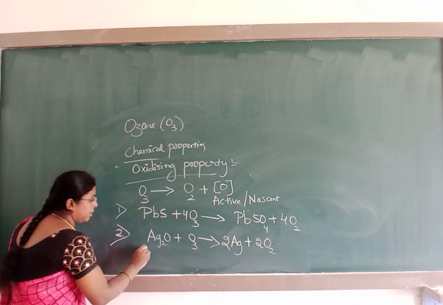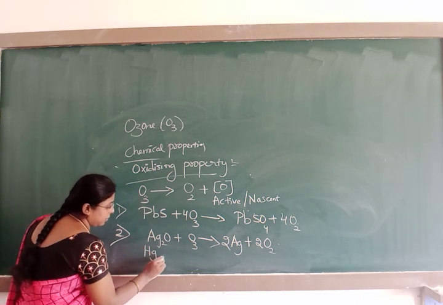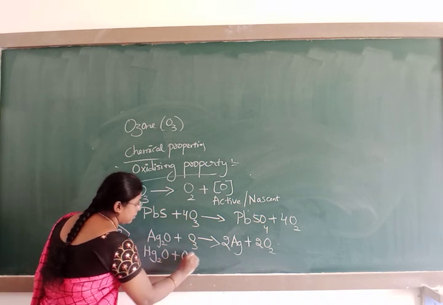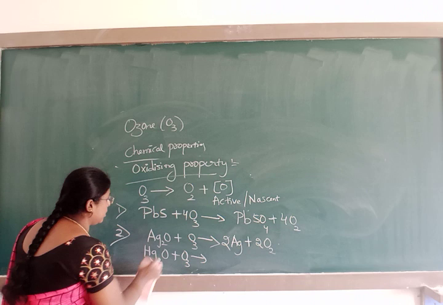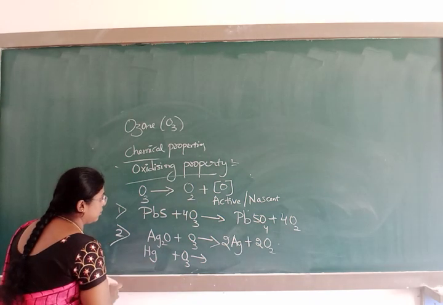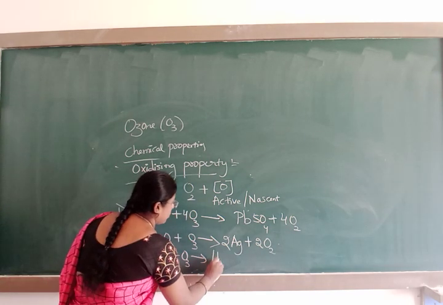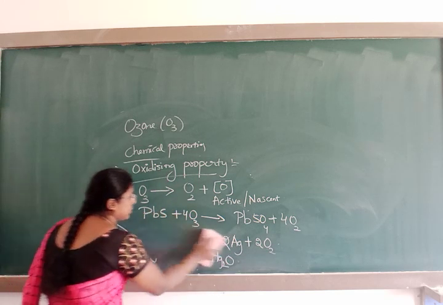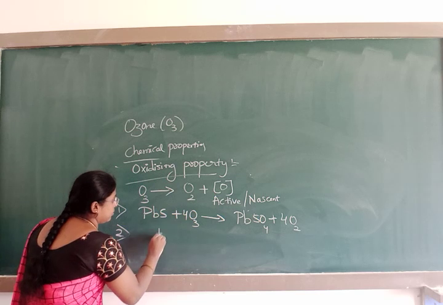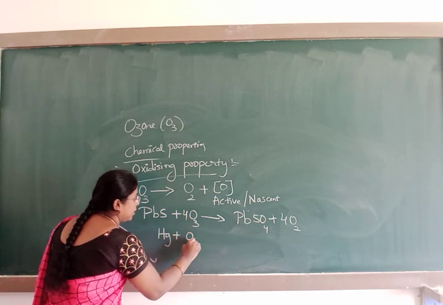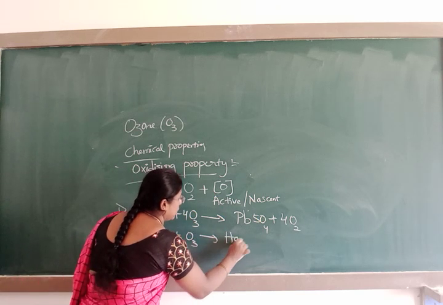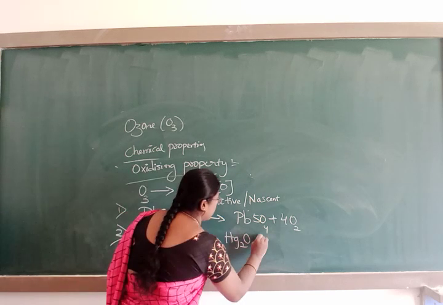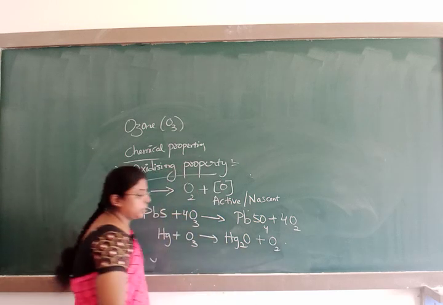When ozone reacts with mercury, it forms mercurous oxide, Hg2O. Along with mercurous oxide, dioxygen is also obtained.